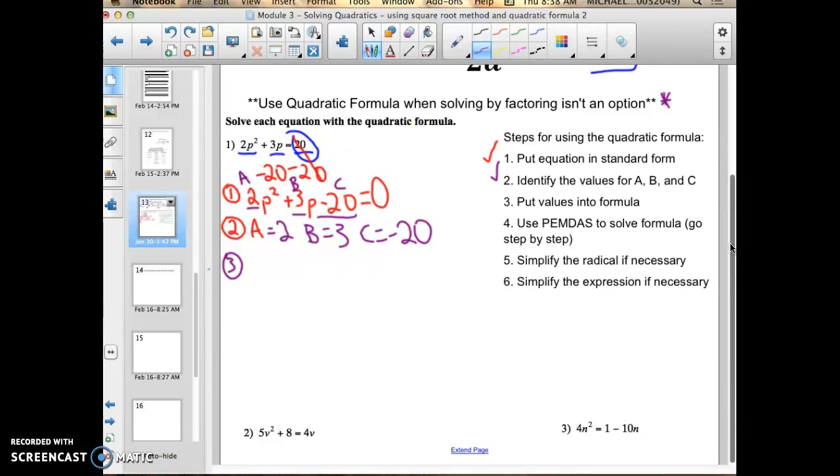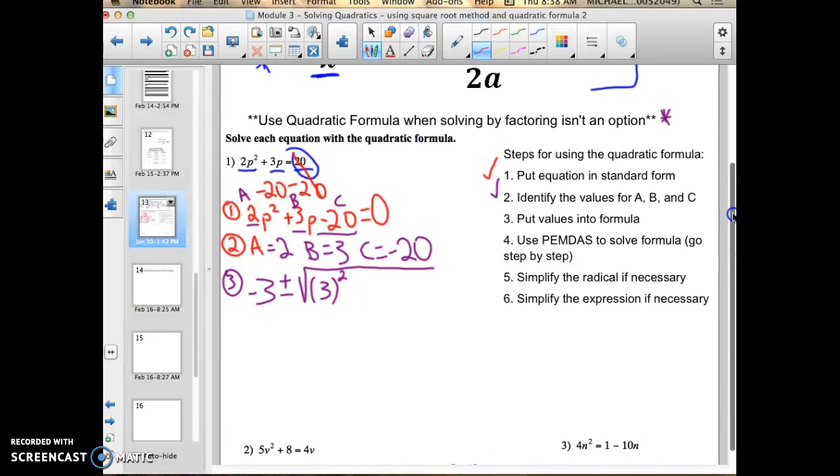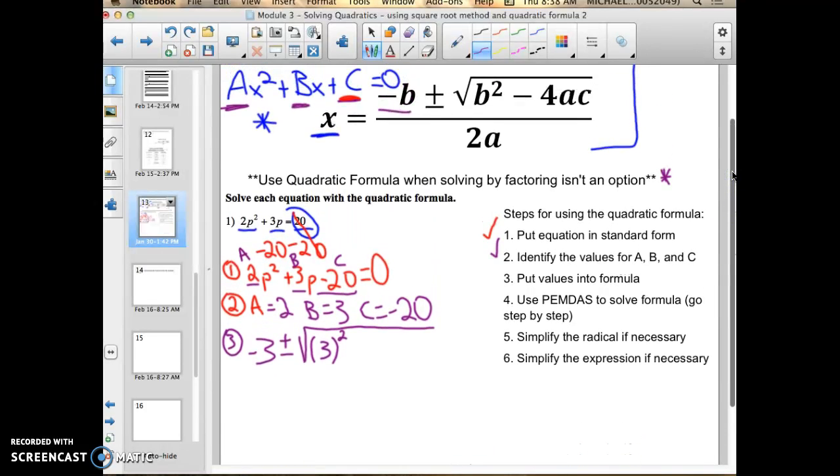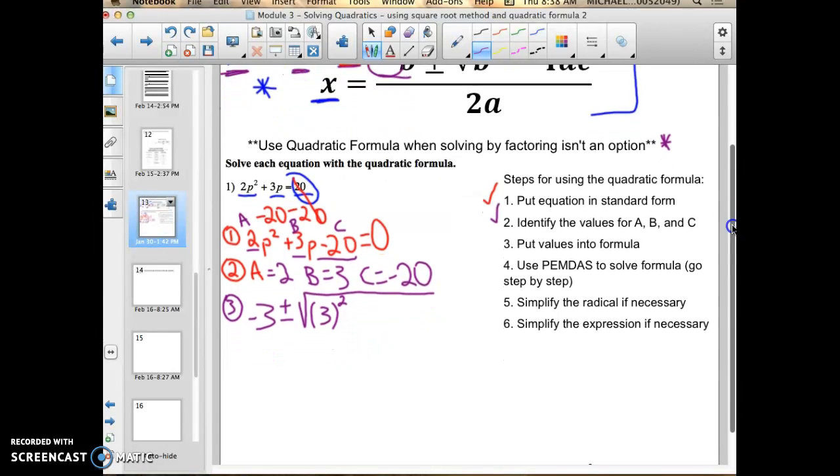So in the formula, it needs to be a negative 3, plus or minus the square root of my b term, which I'm going to put in parentheses regardless because I'm squaring it. My b term is positive. Remember, the first piece is opposite the sign just because the default quadratic formula starts out being negative or opposite.